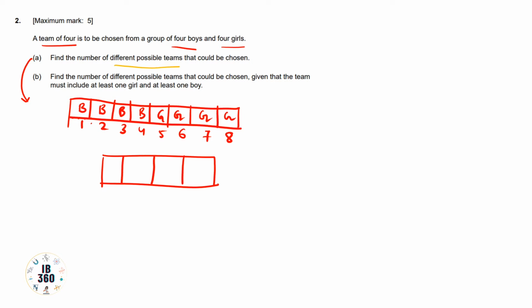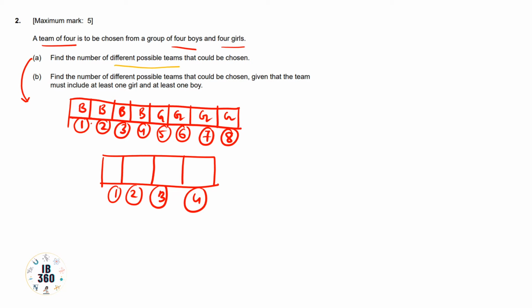Now 8 positions are open, as you can see, and we need to fill 4 of them. Think of it this way: in 8 chairs, there are 4 boys and 4 girls, and we need to fill 4 empty chairs using the boys and girls.